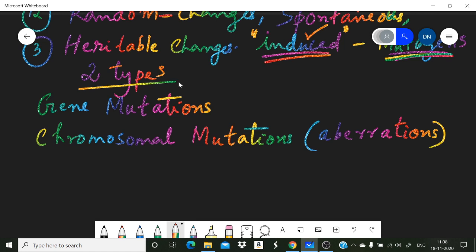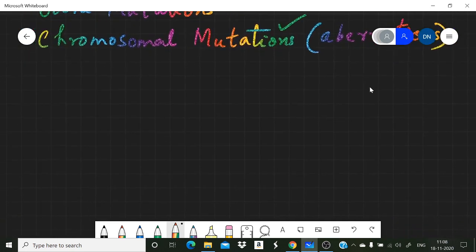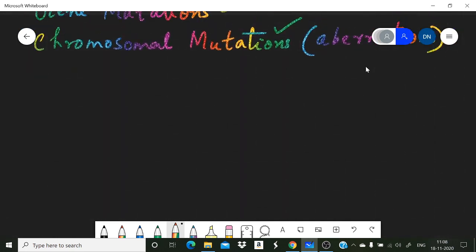So let us see what gene mutation is and what the difference between gene mutations and chromosomal mutations is. These two types of mutations are very important to study. Gene mutations are also known as point mutations.